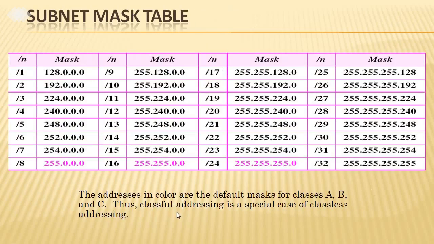Subnet mask table. Here you can see the subnet mask table. Subnetting is not part of your syllabus, but still for your knowledge I have mentioned two or three slides on subnetting. So these are the addresses in color or the default masks of class A, B and C. These addresses are a special case of classful addressing.